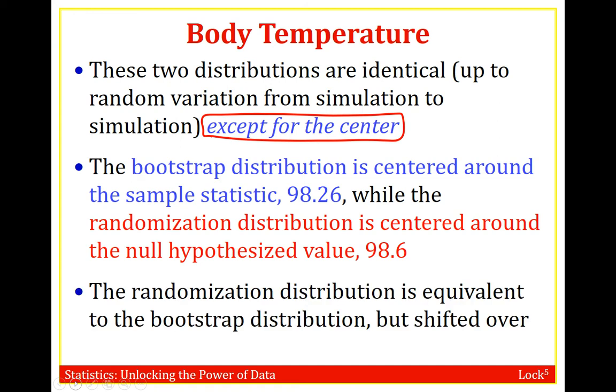The randomization distribution is equivalent to the Bootstrap distribution, but shifted over. The distribution spans 2 standard errors left and 2 standard errors right. The distribution will be similar between the two.